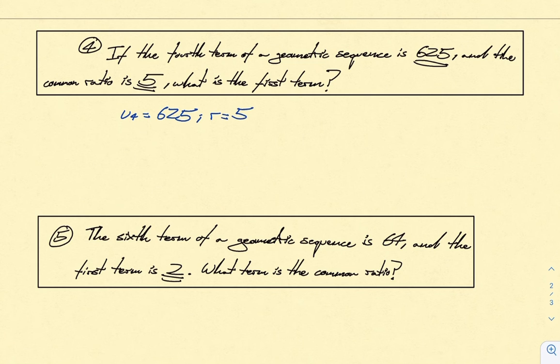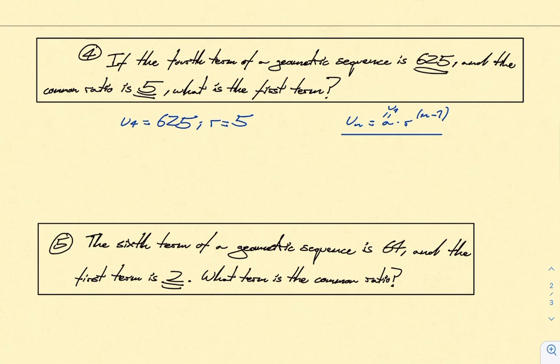Now, remember the formula, Un equals A times r to the n minus 1. A can also be written as U1, and really, the only thing we have to do is to substitute the values in here.